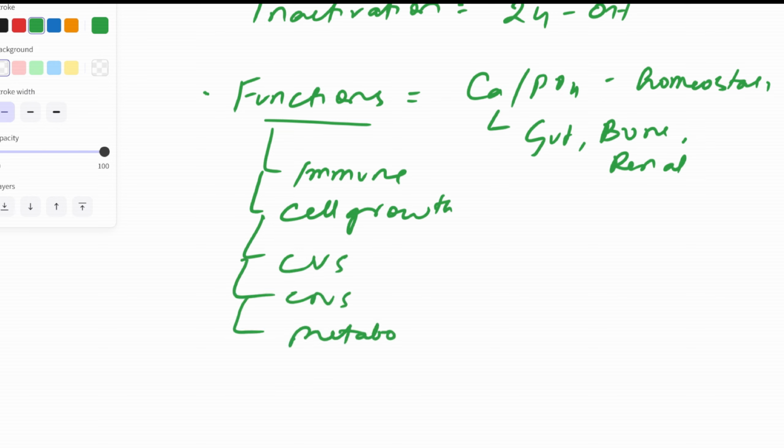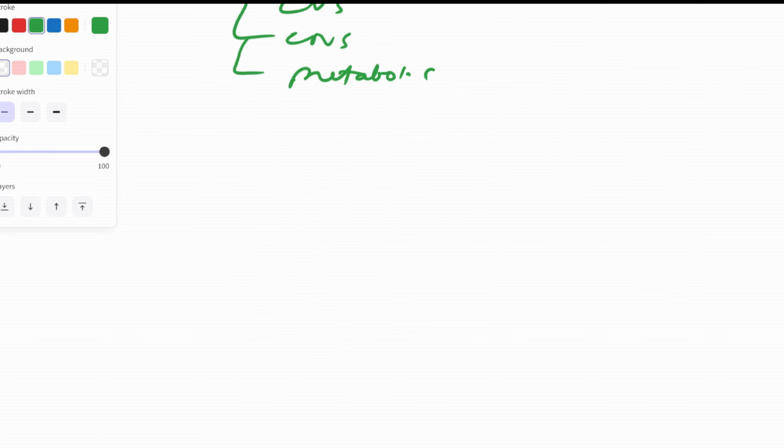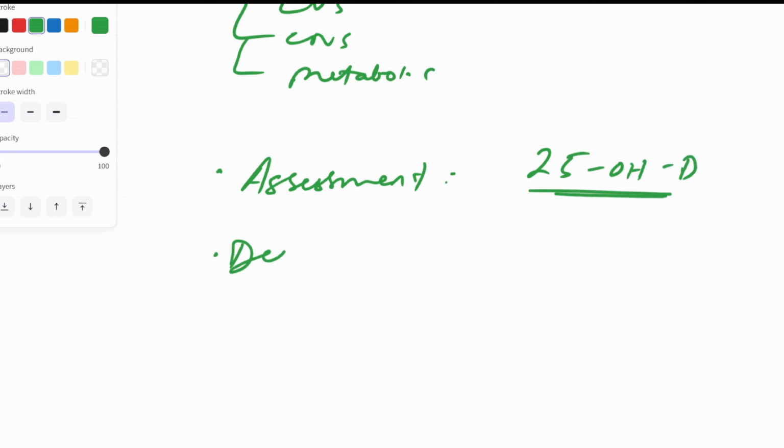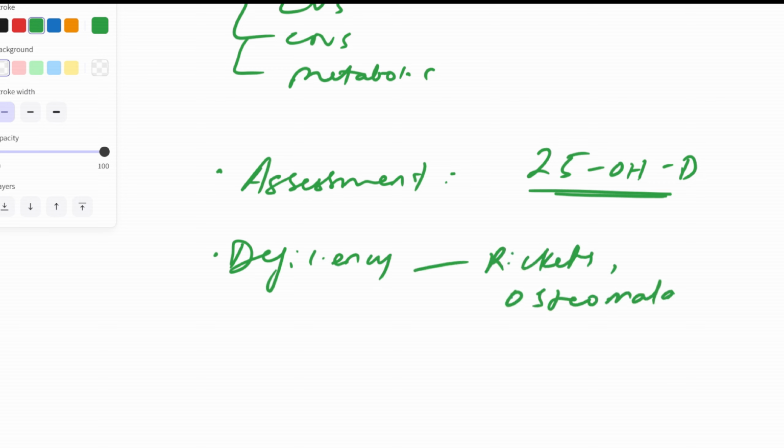For clinical assessment, always measure 25-hydroxyvitamin D to assess a patient's overall vitamin D status, as it reflects total body stores. The deficiency, surprisingly common in India despite abundant sunshine, leads to rickets in children and osteomalacia in adults. The toxicity is rare from sun exposure alone, typically occurring due to excessive, unsupervised oral supplementation.